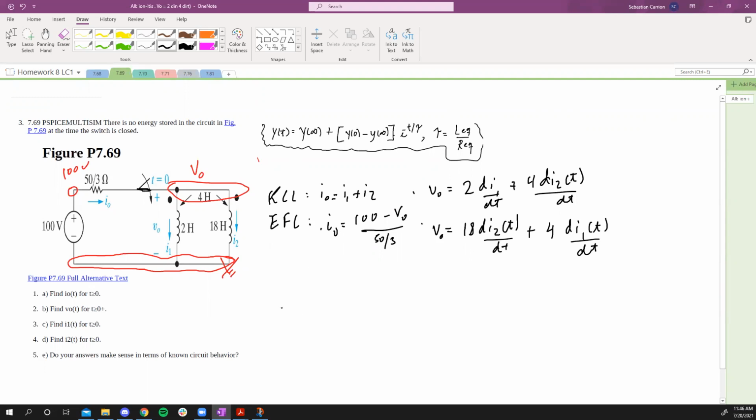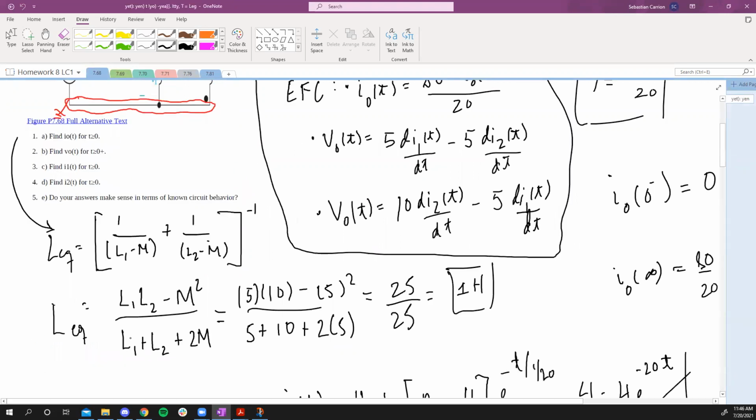But now we want to find our tau. Our tau is L over R. So we want to find our equivalent inductance. Since the dots are arranged this way, our equation would look very similar to the earlier one, except that the bottom sign would change.